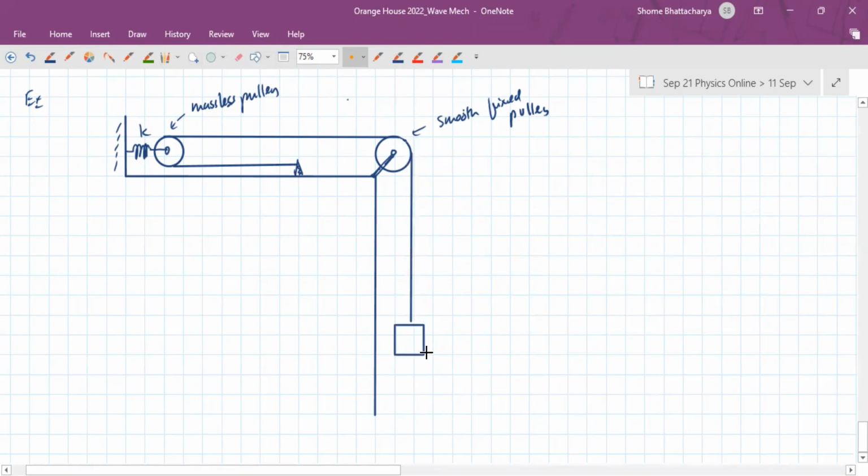This is attached to a block, mass M. This is of course a light thread.